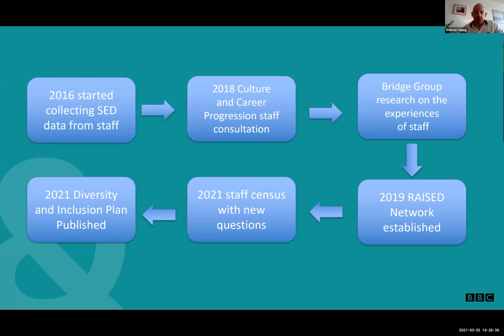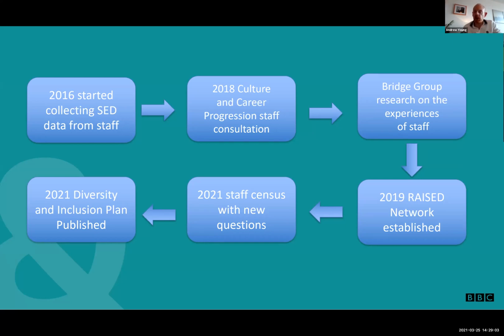So last month we launched a new census that was again sent out to all staff across all the diversity characteristics. And this time we did swap the questions about a bit. So we took out the parental education question because, as Paula was saying, it's not necessarily a great metric.